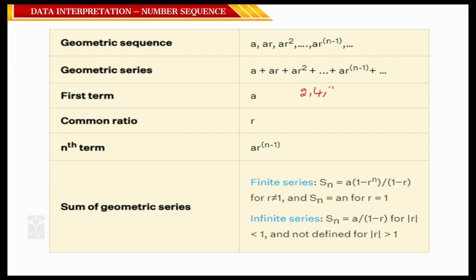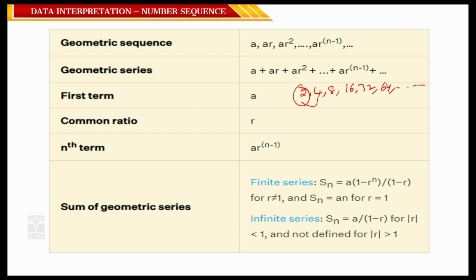So, now I will say, for example, 2, 4, 8, 16, 32, 64 and so on. This is a geometric progression, correct? And here the first term is 2. Of course, the common ratio is also 2. Then how are you going to get the common ratio? Divide the second term by the first term, then you will get the common ratio. Okay.